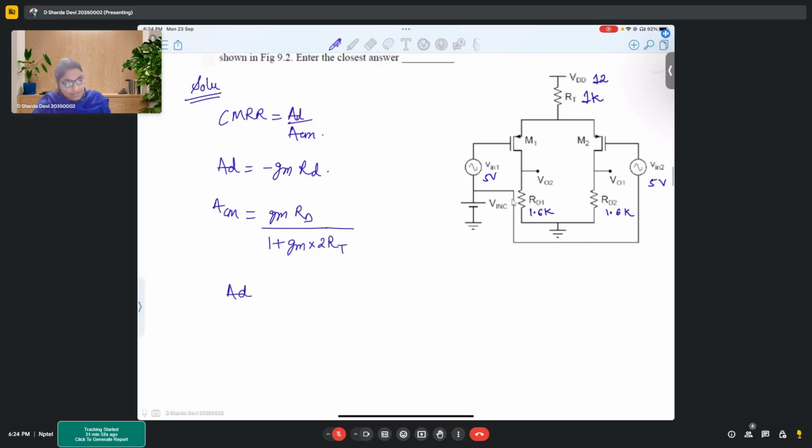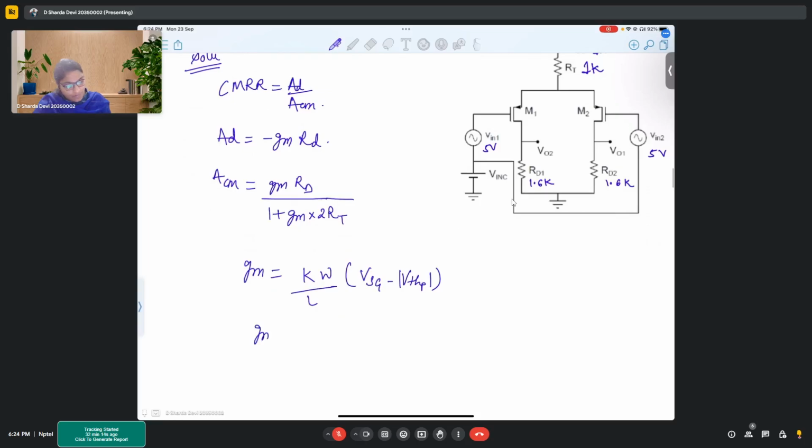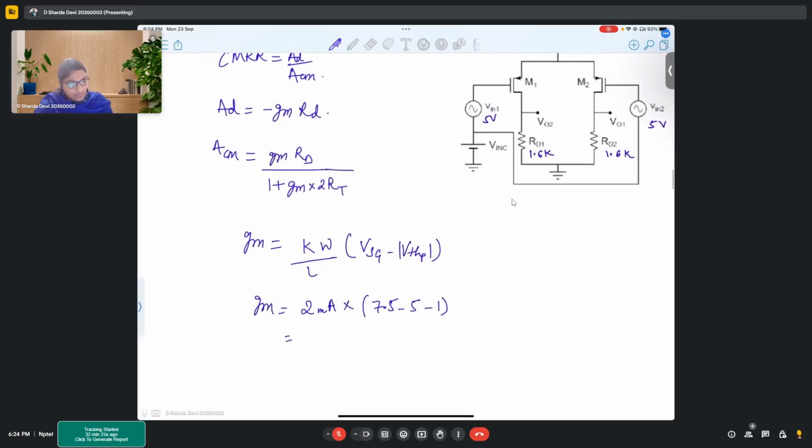So now AD will find, so first of all, let's find what is required, which is Gm. This is Kn W by L, VGS minus Vt. VGS was 7.5 minus 5 minus 1. This is 3 millisiemens.